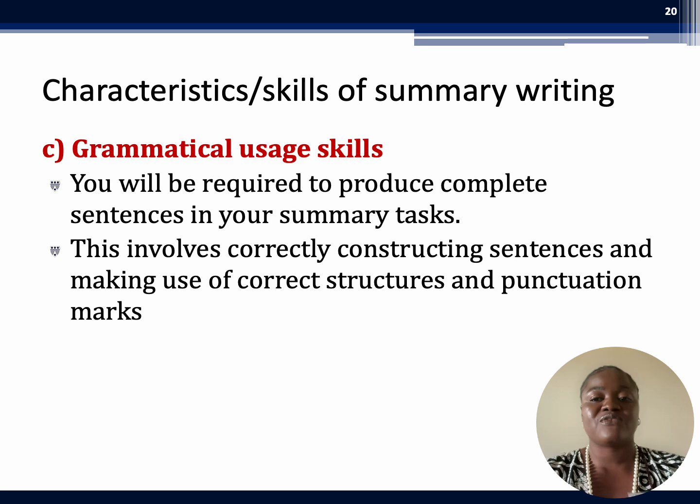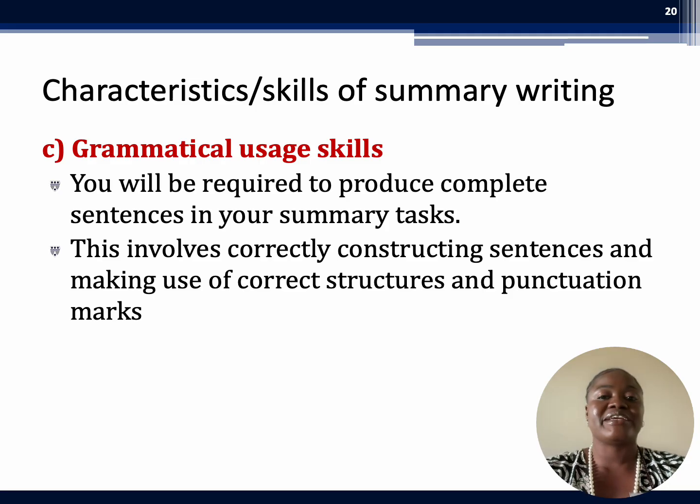And from what I've said so far, you can infer that common grammatical issues in summaries include sentence fragments, run-on sentences, unclear pronoun references. You use pronouns and we don't know who you're referring to or what you're referring to. Some use incorrect verb tenses, punctuation errors. These are things that spoil your summary writing.